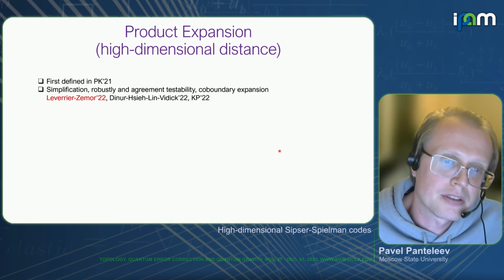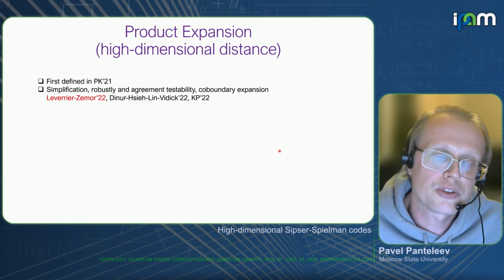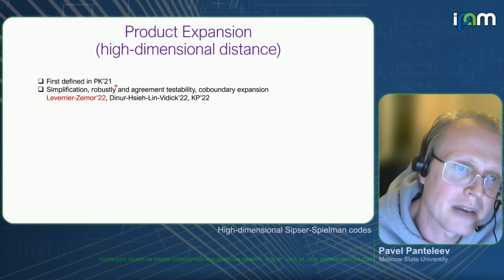Okay, but let me now describe this idea of two-dimensional distance and how it is related with coboundary expansion and robust and agreement testability. So first, I should say that this idea was defined in our paper where we proved the existence of good qLDPC codes, and then it was further developed in the paper by Leverrier and Zemor, where they significantly simplified this.